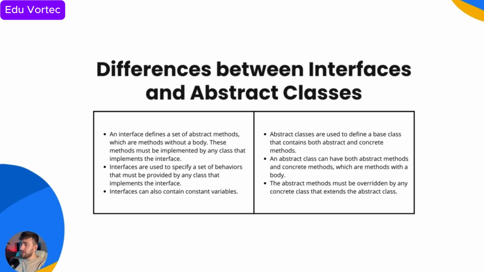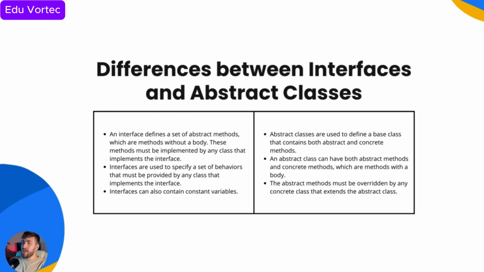On the other hand, abstract classes are used to define a base class that contains both abstract and concrete methods. An abstract class can have both abstract methods and concrete methods, which are methods without a body and with a body. The abstract methods must be overridden by any concrete class that extends the abstract class.